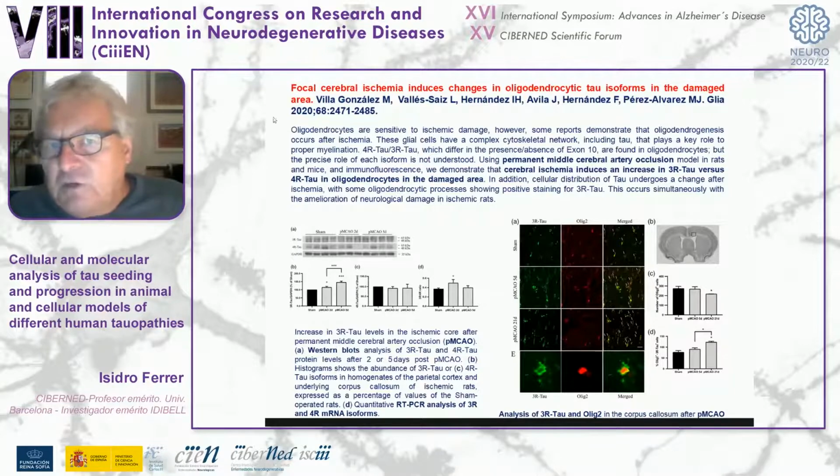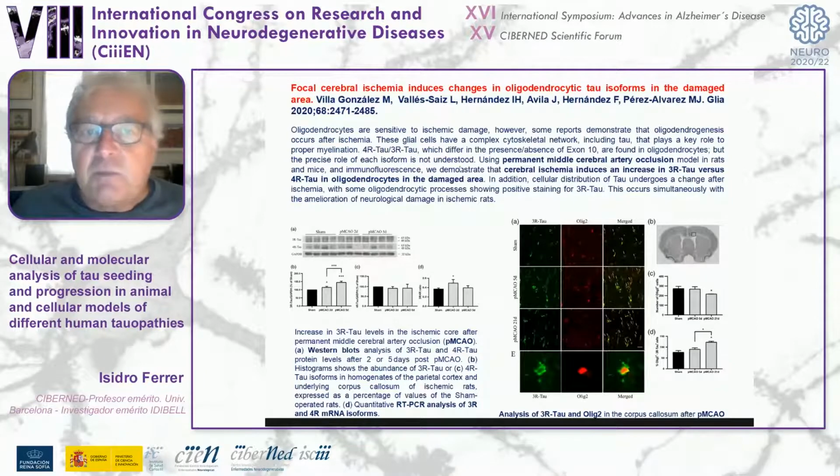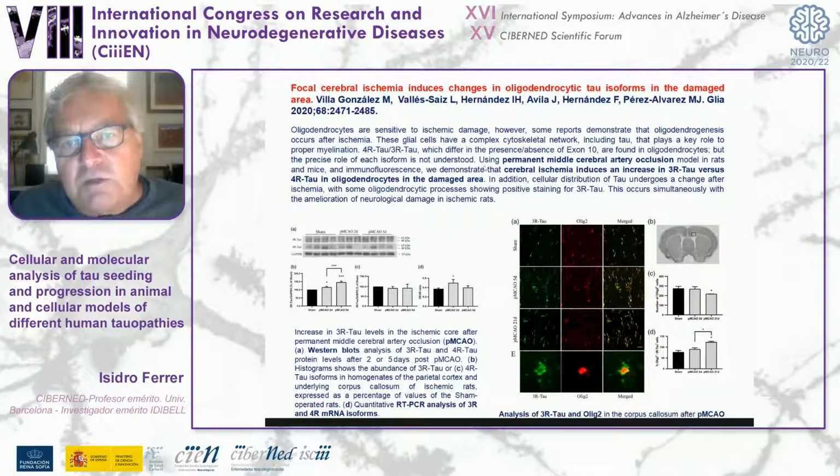And we consider that there is the possibility in the human brain that we have different strains of tau, not only regarding the diseases, but regarding the cell populations. So that means that perhaps not all neurons have the same levels of 3R, 4R, or many other species of tau. That could explain why some cells or cell populations are more vulnerable than others to tauopathies.